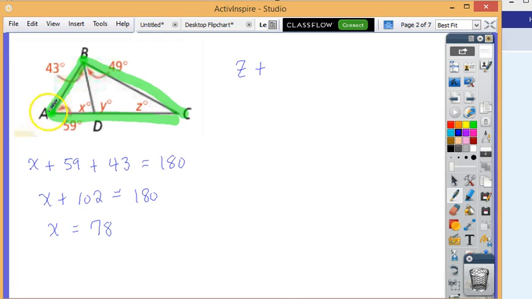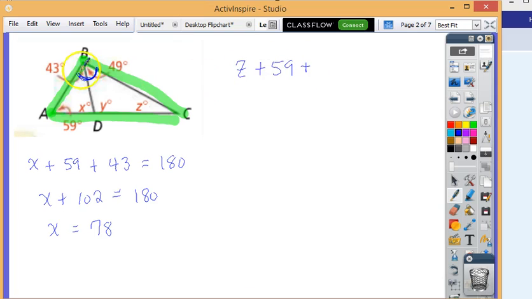Here's angle A, 59. So we're in triangle ABC, using angle C, which was Z, and angle A, which is 59. What's the value of this angle right here, ABC? So you're going ahead and adding them together in your head.